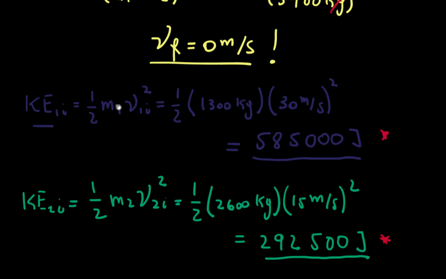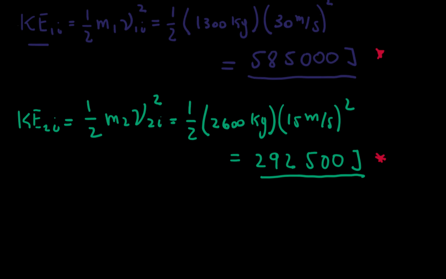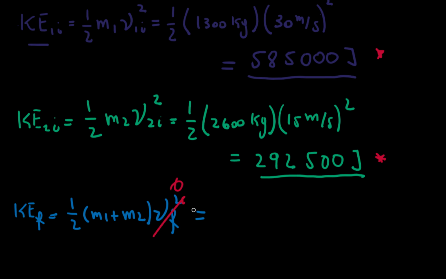So just for completeness, the kinetic energy final is 1/2 mass 1 plus mass 2 times the speed final squared. This speed here is 0, so whatever you multiply this by is going to be 0. So this is 0 joules.